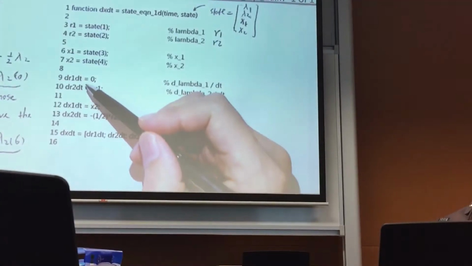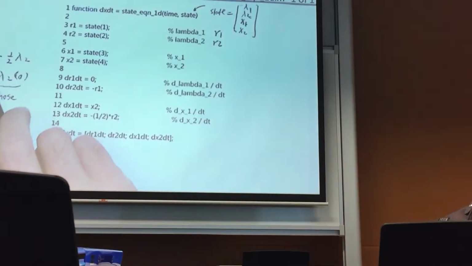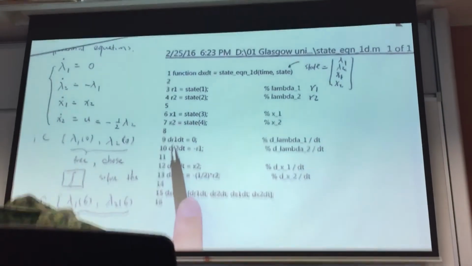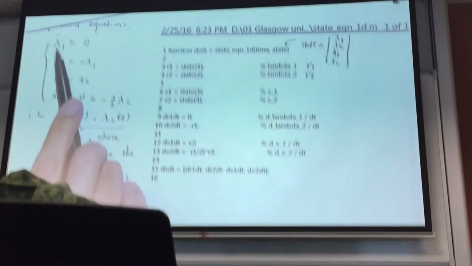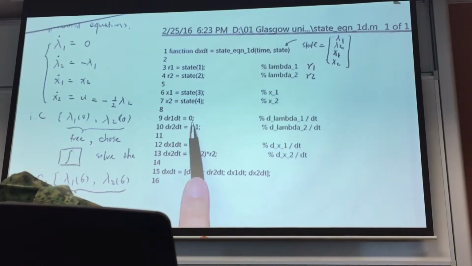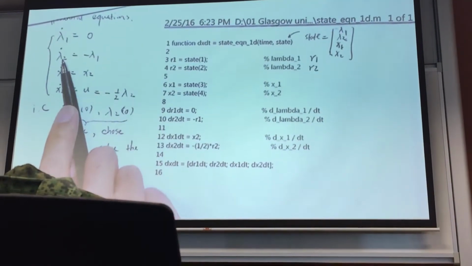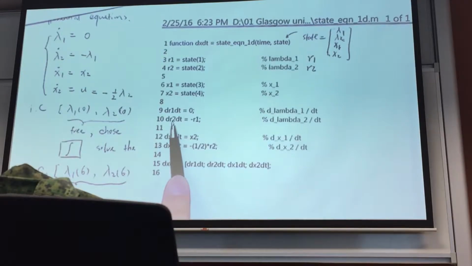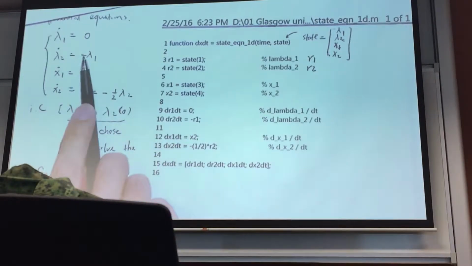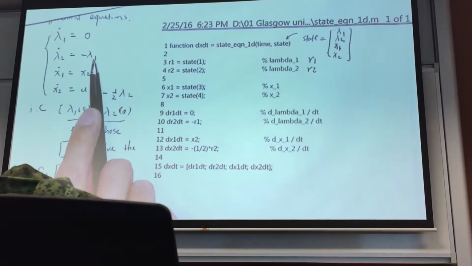Next, we define the differential equations. The first one, d lambda 1 dt, lambda 1 dot, is equal to 0. Lambda 2 dot, d lambda 2 dt, equals minus lambda 1.